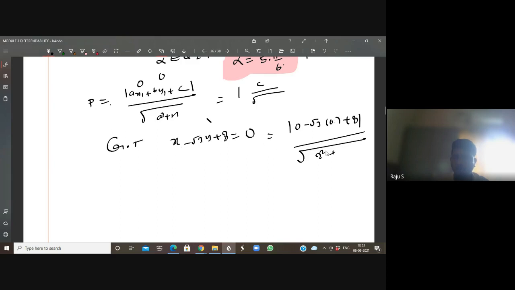What is the x coefficient here? 1. 1 square plus minus root 3 the whole square, comparing with ax plus by, c is equal to 0. This is equal to clearly 8 by root 4, that is nothing but 8 by 2, which is equal to 4. So with the help of the distance formula also we got the same answer, 4.